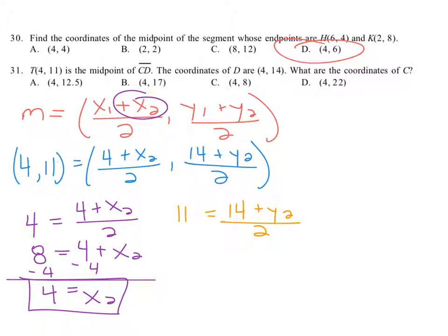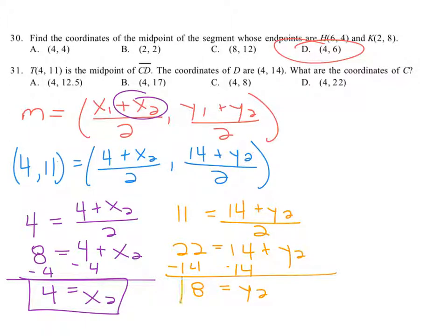Now, solving this one, multiply both sides by 2, we get 22 equals 14 plus y2. And then we subtract 14, and we get 22 minus 14 is 8 equals y2.